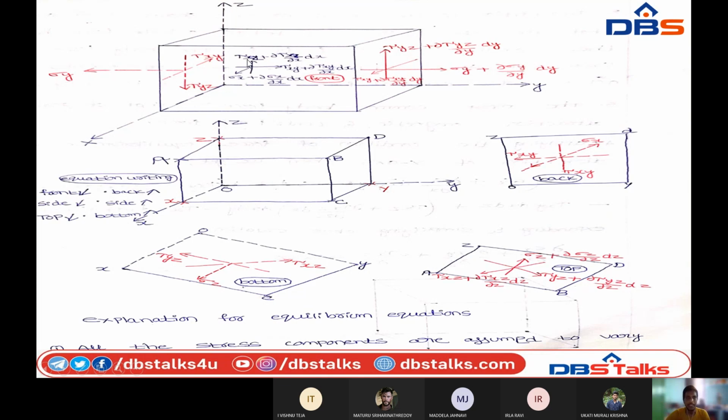The upward force will be tau xy plus dou tau xy by dou x dx, and then the downward shear stress will be only tau xy. These are the stresses inducing in a three-dimensional elasticity body. Similarly, front and back, side by side.